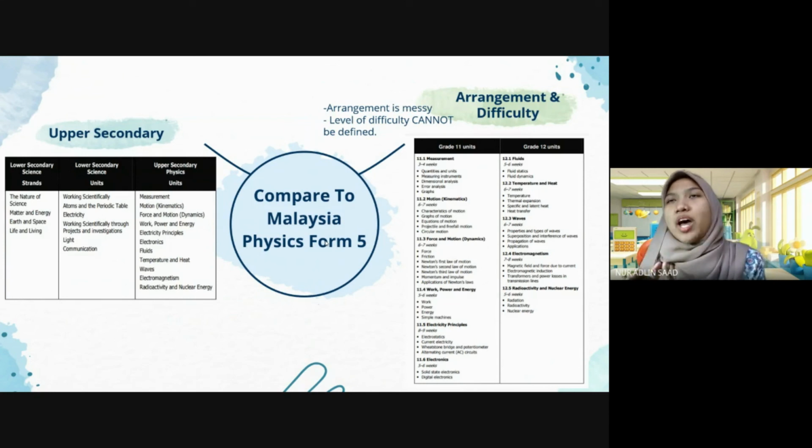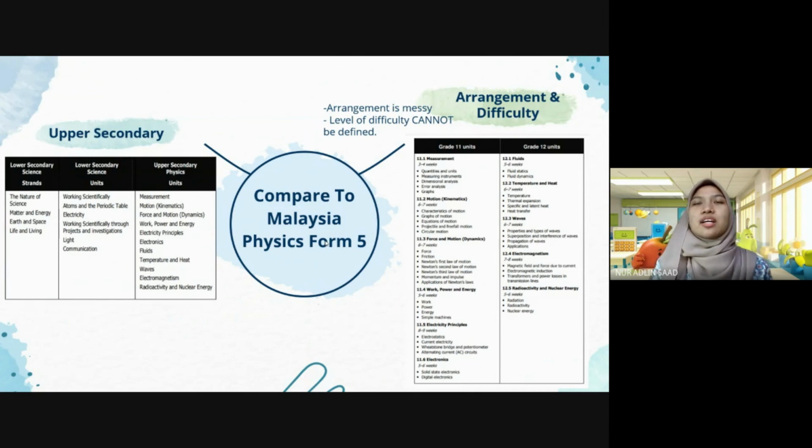If we compare with the KSSM textbook, in Unit 12, which is the Form 5 level, there are fluid, temperature and heat, and also waves. All of them are supposed to be learned in grade 11, not grade 12. I can say that because in grade 11 they have electricity principles in 11.5 and 11.6 electronics, and these two are under applied physics and are supposed to be learned in grade 12, which is Form 5 in Malaysia.